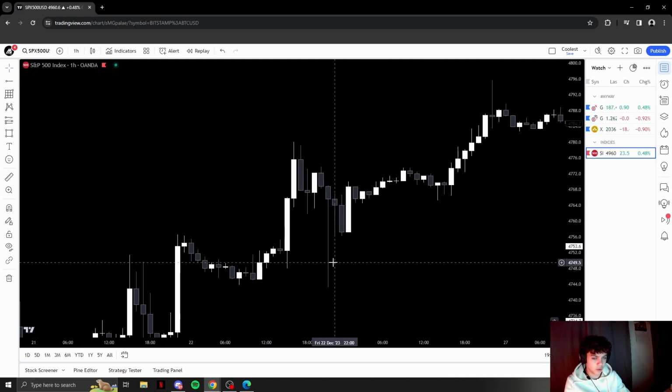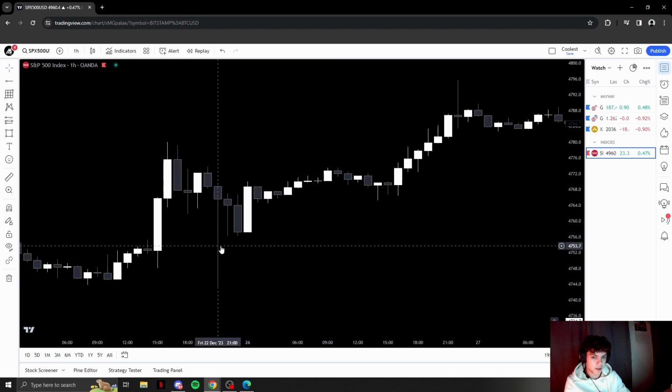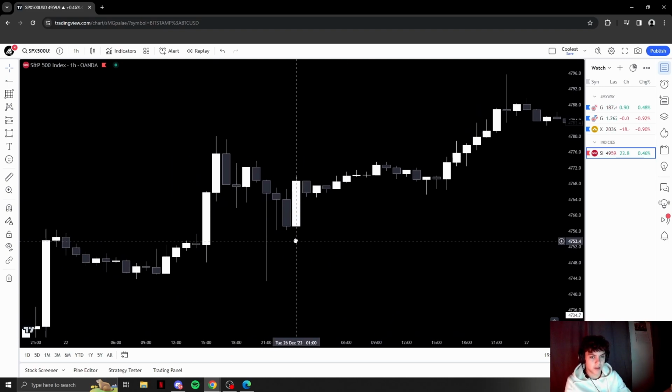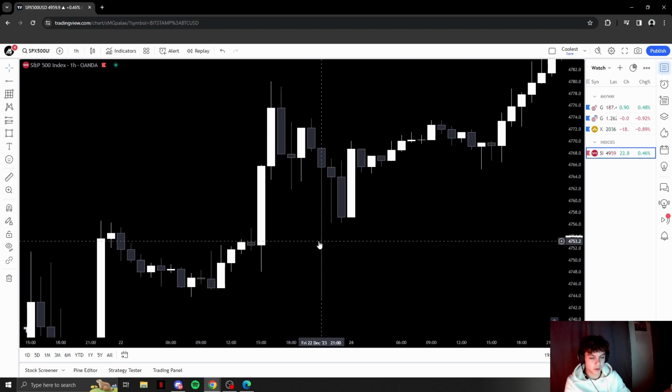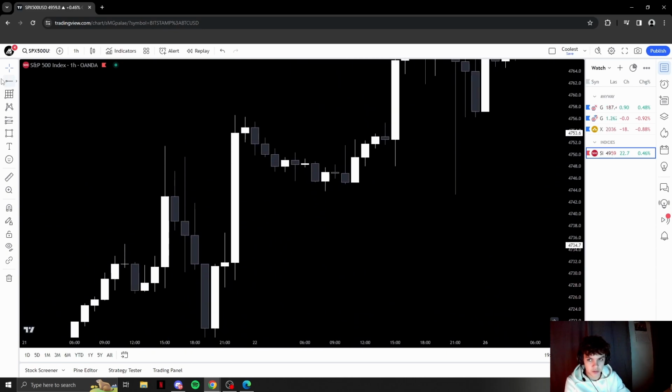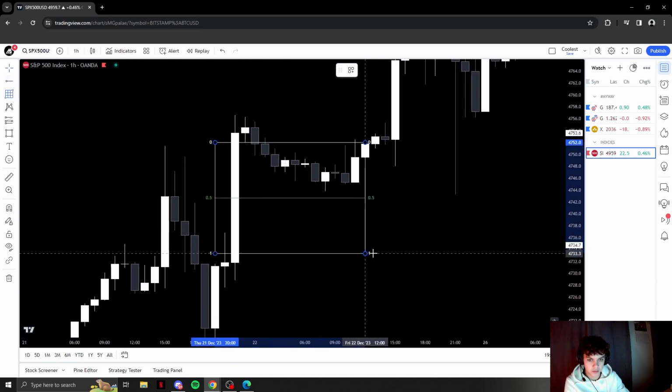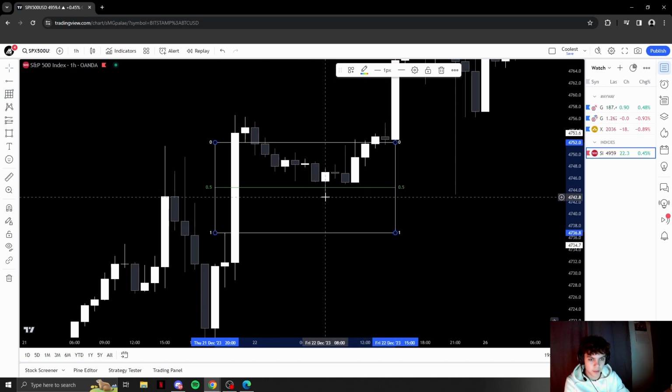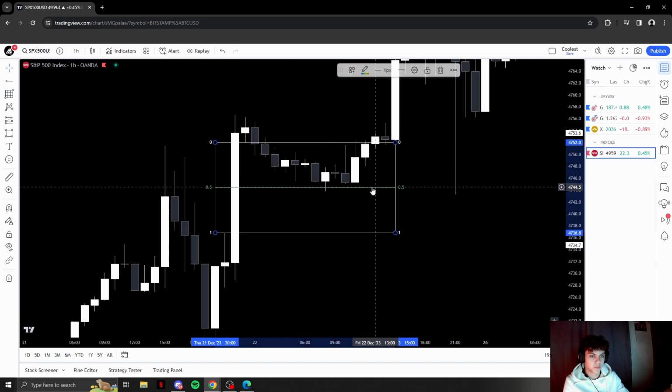We would go to a lower time frame to look for a break of structure, and it most definitely happens because this is 1 hour, and I usually look for break of structure in S&P on 1 minute. Depends if we're in the session, but yeah, sweeps out these, also takes out this fair value gap.